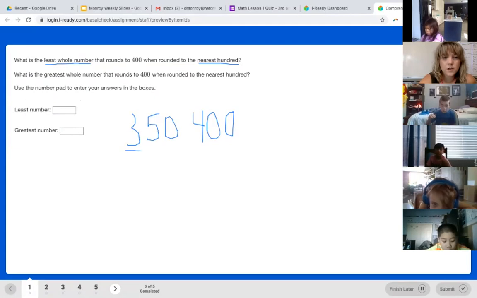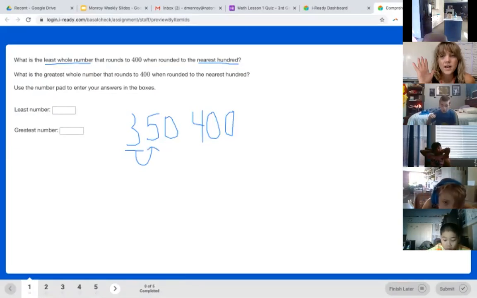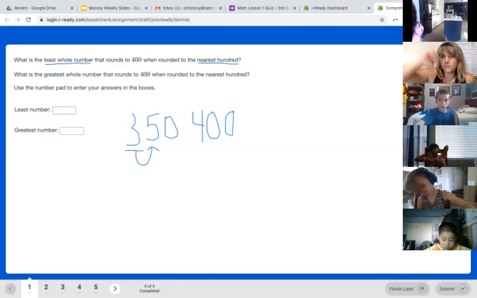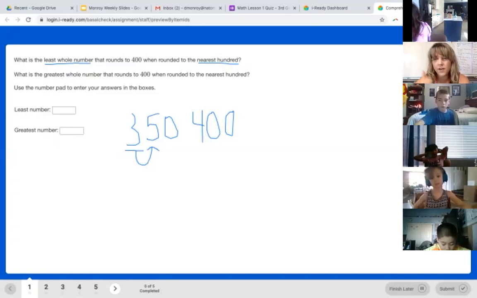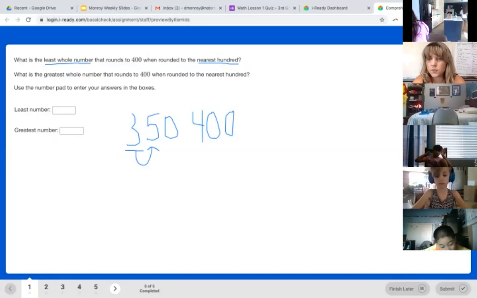If I look at the 3, I look next door, and we have a 5. Is that 5 and greater or less than 5? Actually, just show me. If I have a 5, are we going to round up or round down? Let me see thumbs. It's a 5, so do we round up or down? Good, I see Evan's thumb. I need to see other people's thumbs.